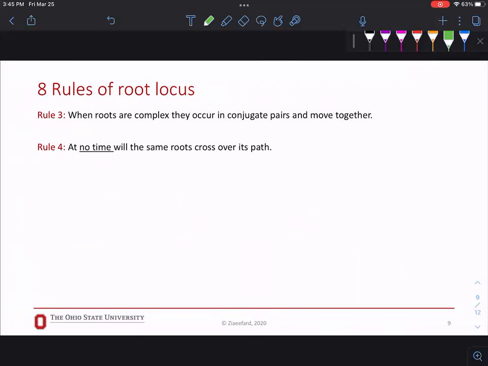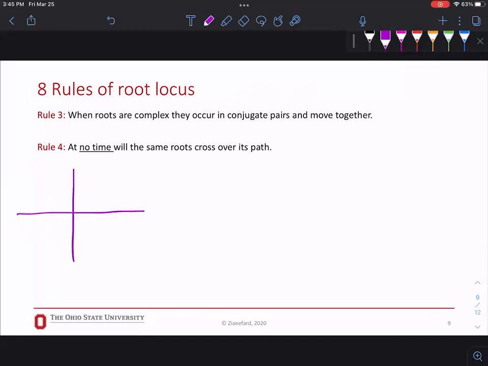Rule number 4, at no time will the same root cross over its own path. So there are no wiggly lines. There's always a straight, like when I say straight, it could be curved, but it could not be flowery kind of things. So let's check root number 4 because it's super easy. Then I will check number 3 with some example.